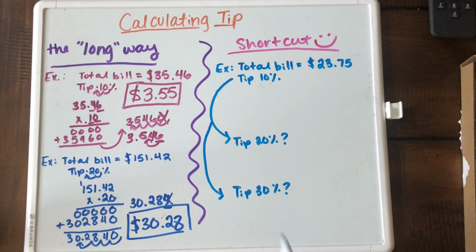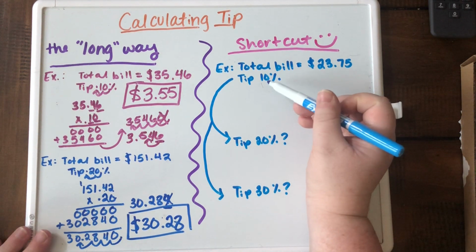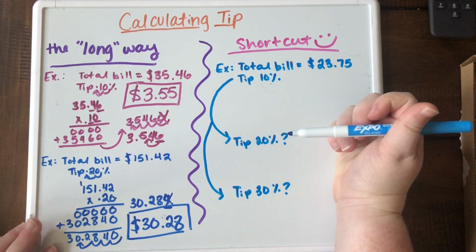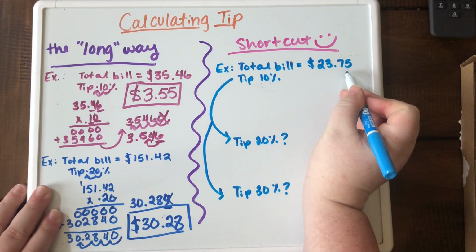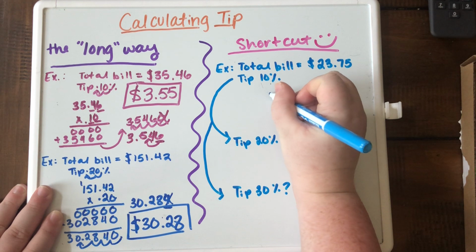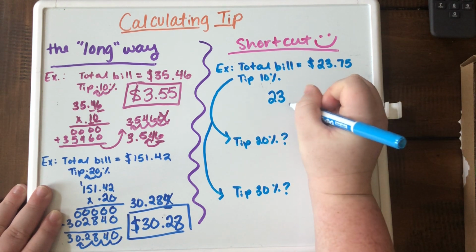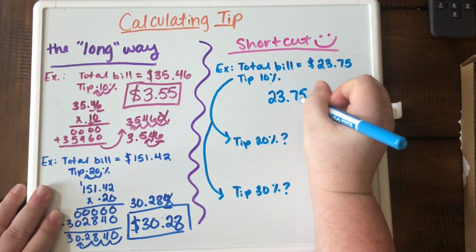But here's the shortcut. If you have a tip in the tens place, all you've got to do is look at your bill. I'm going to rewrite it down here: 23.75.